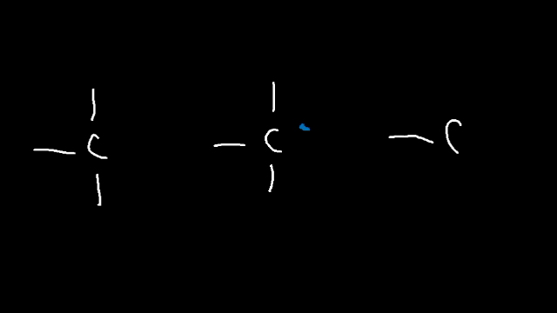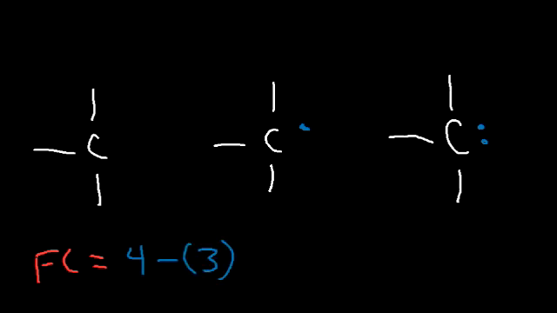Now go ahead and calculate the formal charge for each of these carbon atoms. So using the equation, for the carbon on the left, carbon has 4 valence electrons because it's in group 4A of the periodic table. And in the structure on the left, it has 3 bonds, no dots. So 4 minus 3, it's +1.